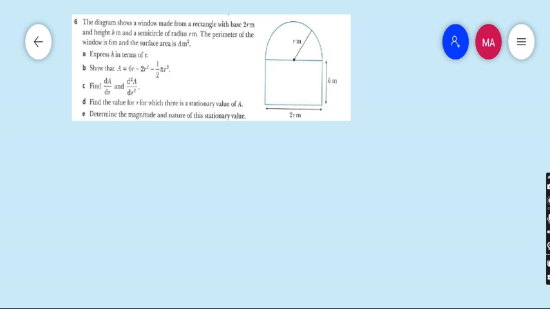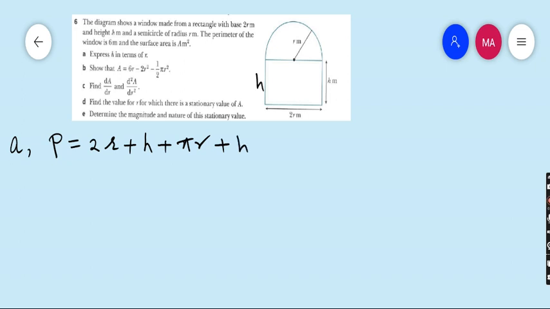Very easy. First we have to write the perimeter of the whole diagram. The first side is 2r, the height is h, then the perimeter of the semicircle: the full circle perimeter is 2 pi r, so the perimeter of the semicircle is 2 pi r upon 2, that is pi r, plus this height h as well.